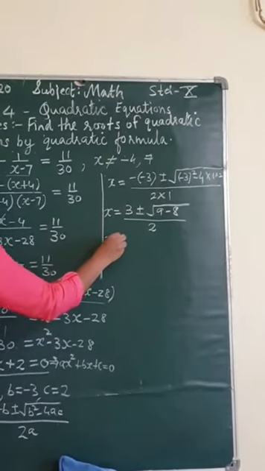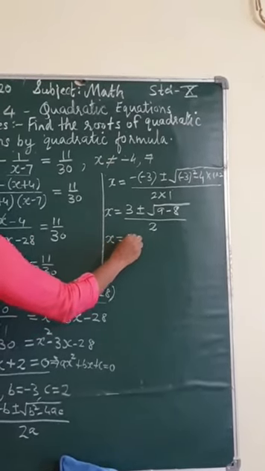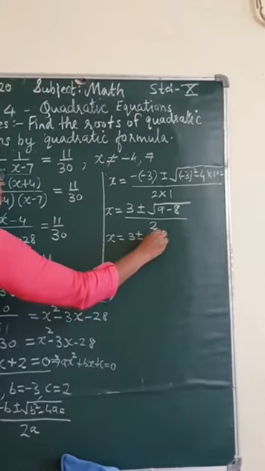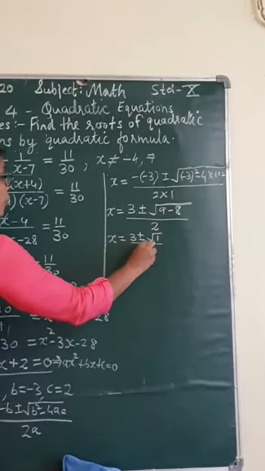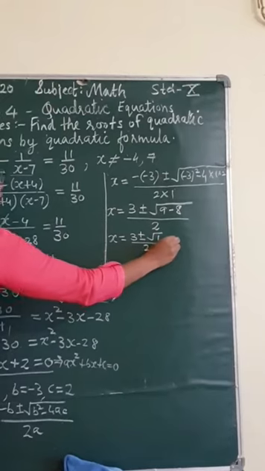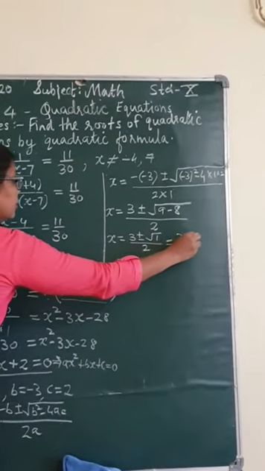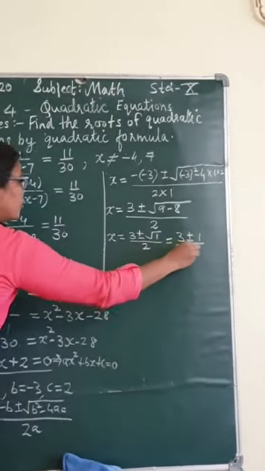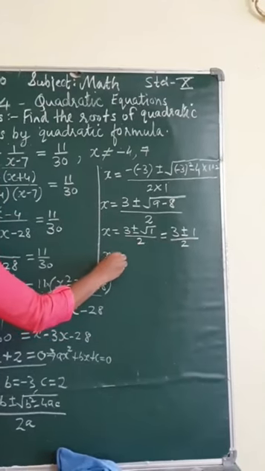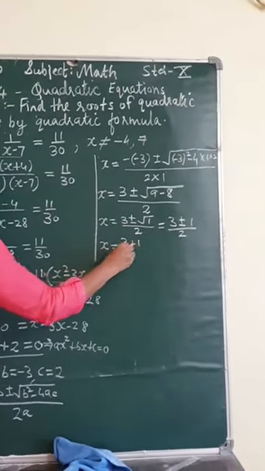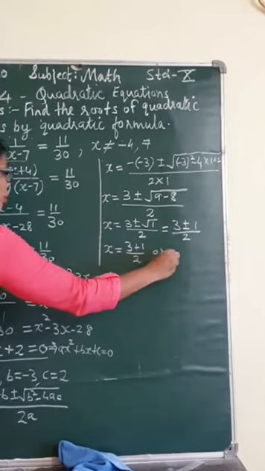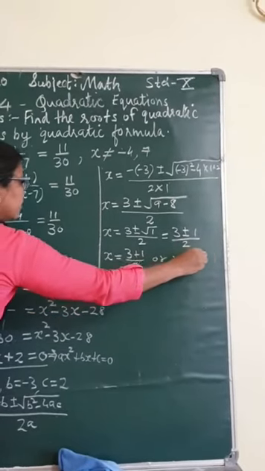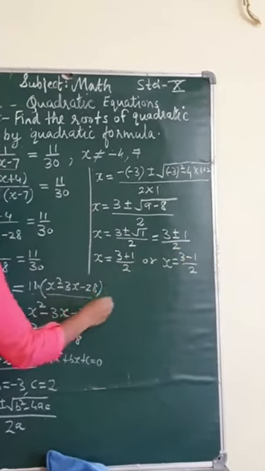So here x will be 3 plus or minus square root of 1 upon 2, which is nothing but 3 plus or minus 1 upon 2. So x will be either 3 plus 1 upon 2 or 3 minus 1 upon 2.